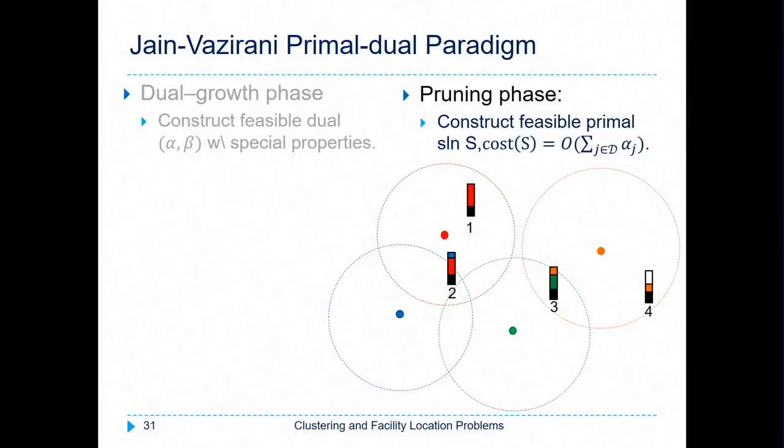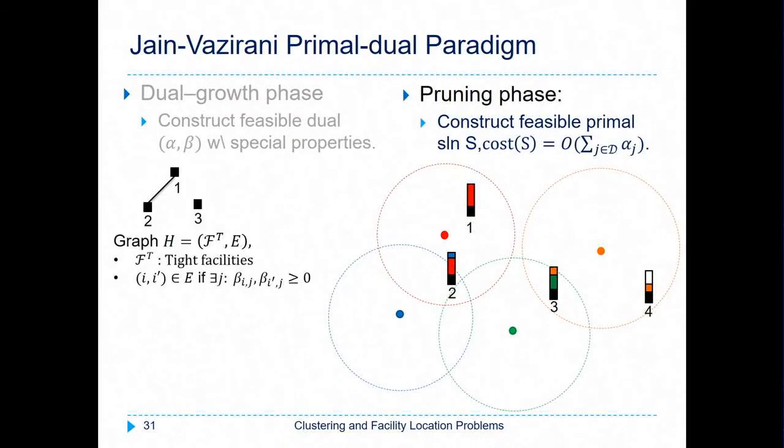And then in the pruning phase, we are going to construct a feasible primal solution. So we have these tight facilities, and we are just going to pick some facilities to open from these tight facilities. Okay, so facility 1, 2, 3 are tight. 4 is not tight, so we ignore it. In order to decide which facilities to open, we are going to construct a graph H on the set of tight facilities, which I denote by Ft.